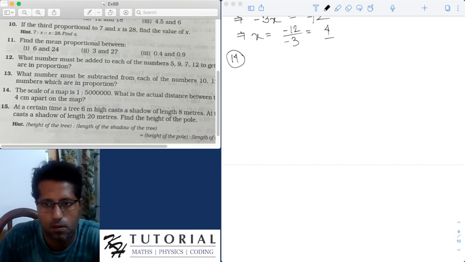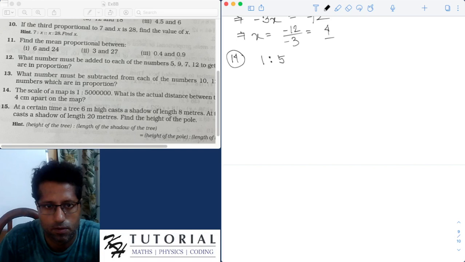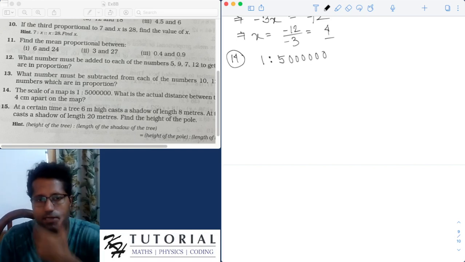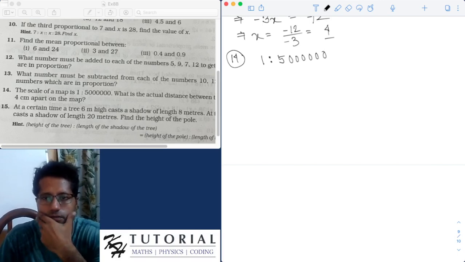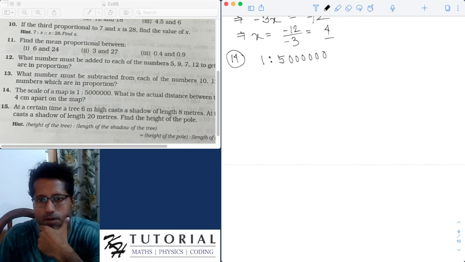Now it is given that this is the scaling ratio. The scale is given as a ratio, so this is a very big number, and this is a small number.